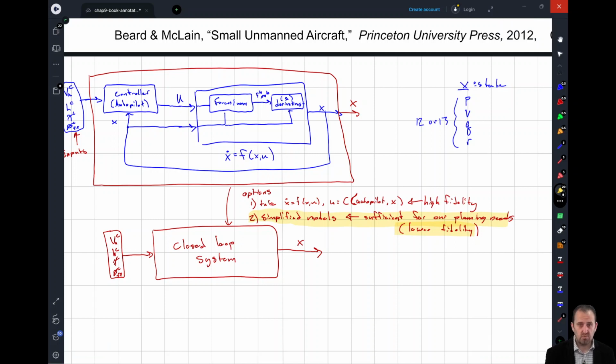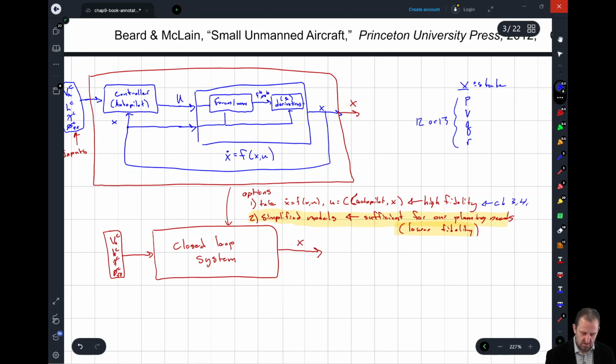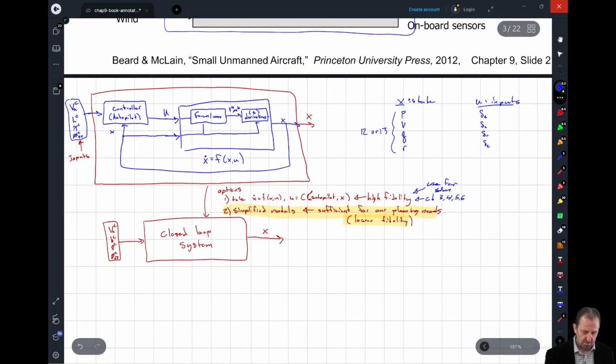Now you could take option 1, and we've already done all of the development for that, right? So option 1, we could get from chapters 3, 4, and 5 through 6. So we could get those models, and we have this high fidelity model. And we use it for sim. So we've already developed that model. Now we're going to do simplified models to help ease our burden of path planning.